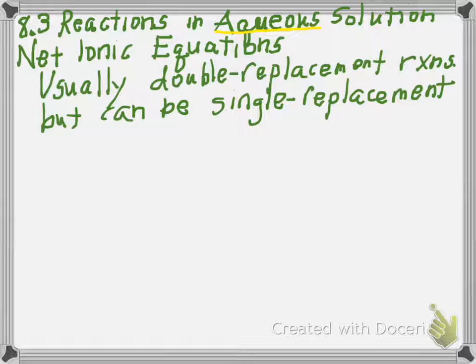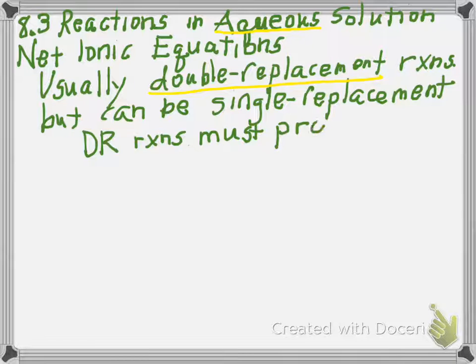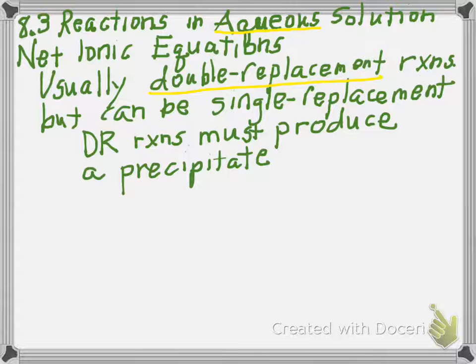Now, thinking about those double replacement reactions, remember that double replacement reactions must produce something so that we know that they've taken place, right? And there were three choices. They must produce a precipitate. Remember that a precipitate is a solid.